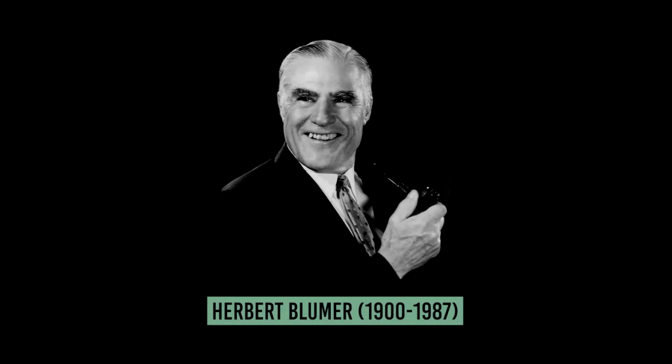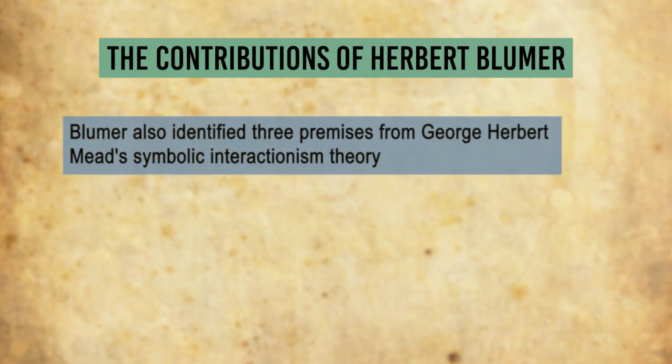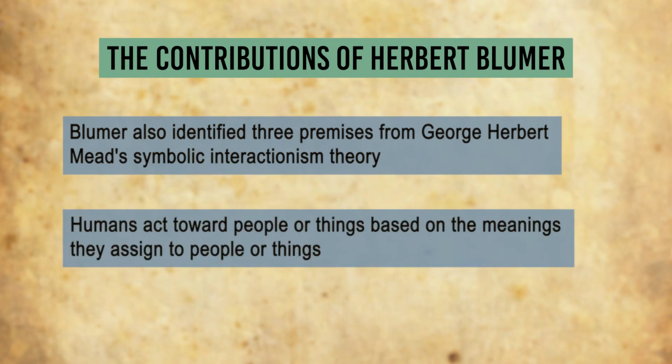Next, we come to the contribution of Blumer. Blumer also was a very important sociologist who contributed in developing the symbolic interactionism theory. And he basically gave three important premises in this aspect. He said, humans act towards people or things based on the meanings they assign to people or things.